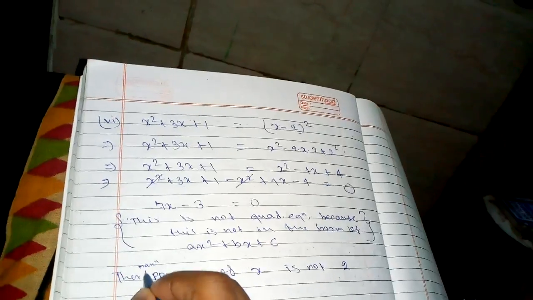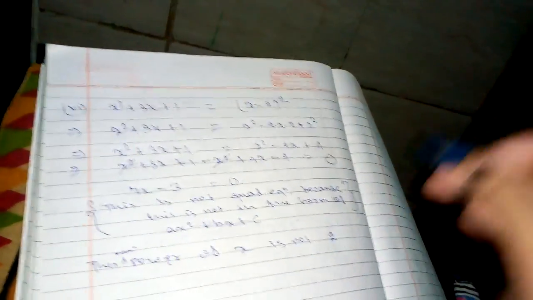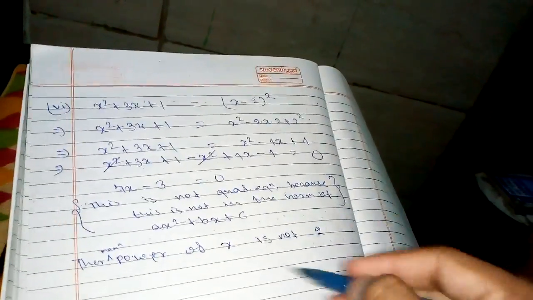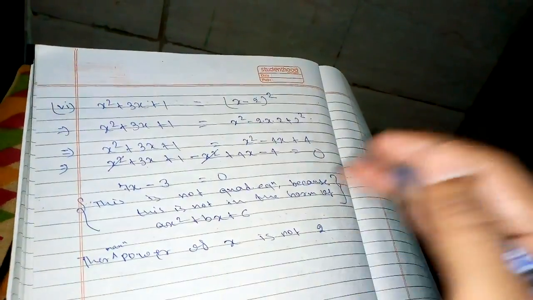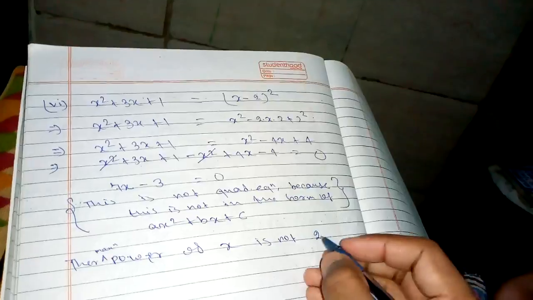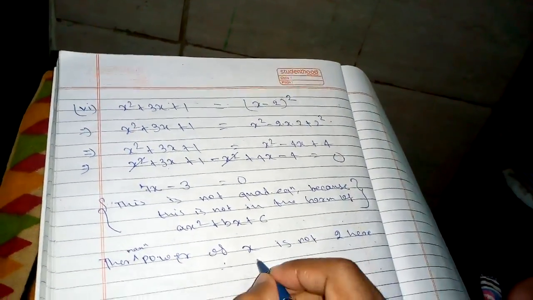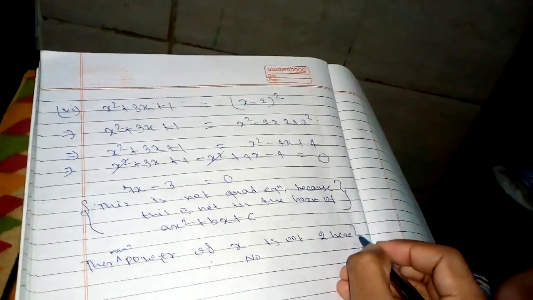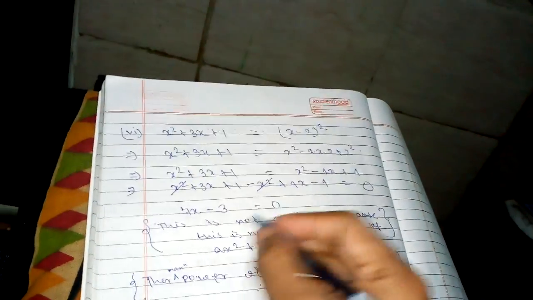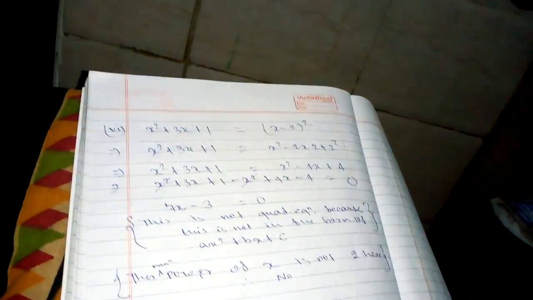Maximum power means if the power is 3 also the equation will not be quadratic, only the power should be 2, then it will become a quadratic equation, otherwise not. So we can write that the maximum power of x is not 2 here, so no, like that. Any one of these can be written.